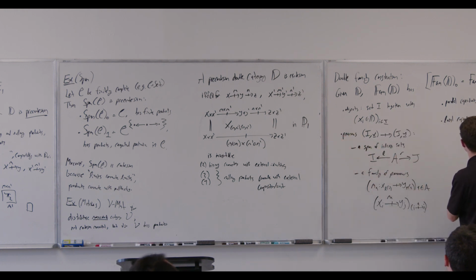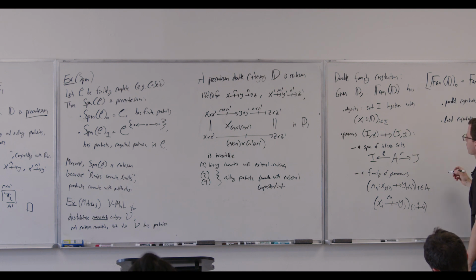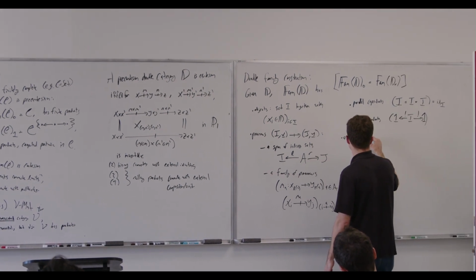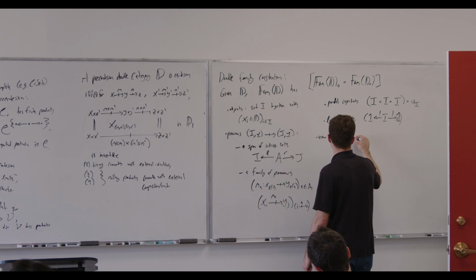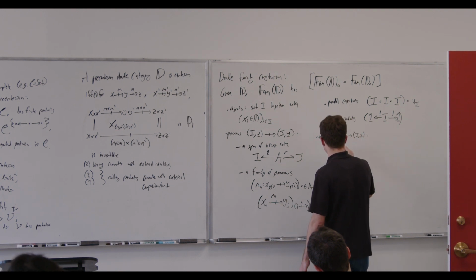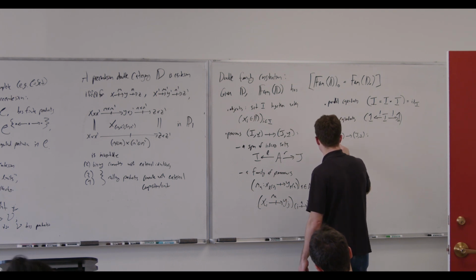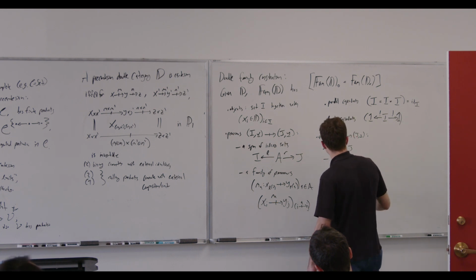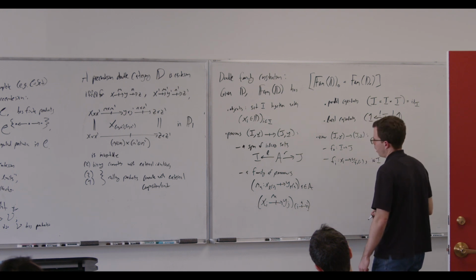But normally with the Fam construction, the standard way of doing this, an arrow from one family to another will be a function f naught from I to J together with a family of arrows going from x_i to y at f naught of i.